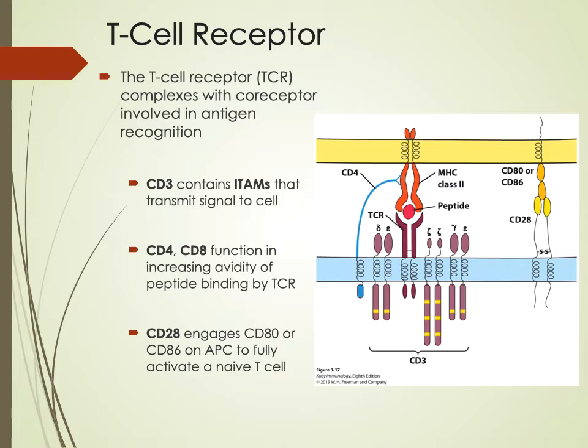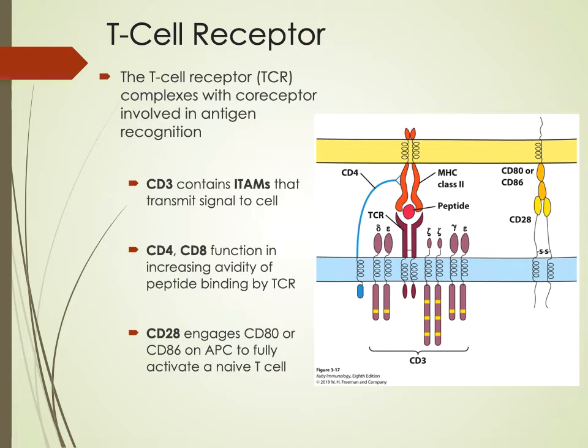We also have CD3. CD3 contains ITAMs, and as we saw, ITAMs are important for signal transduction. And then we also have CD28, and CD28 is going to be interacting with either CD80 or CD86, which are on the APC side.